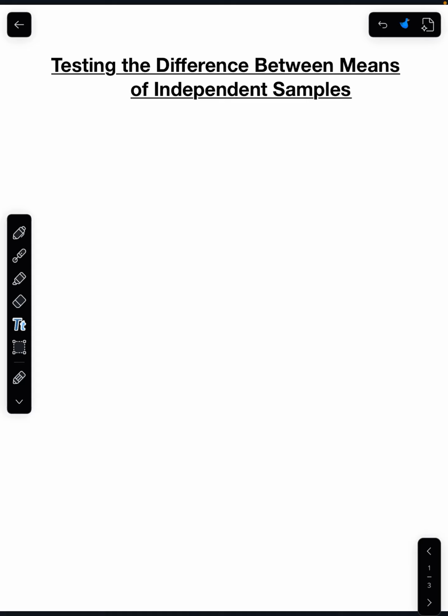In the case of two samples with means, we have to first consider whether we know sigma or not. If sigma is known, then we can use the normal distribution.